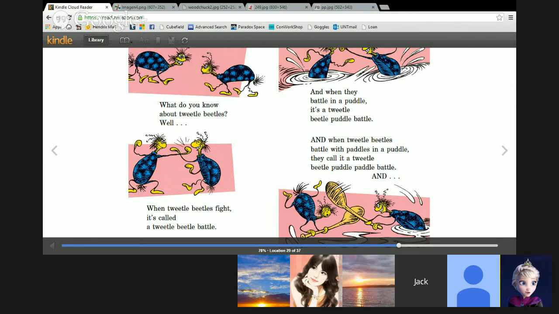It's a Tweedle Beetle puddle battle. And when Tweedle Beetle battle with puddles in a puddle, they call it the Tweedle Beetle puddle battle.